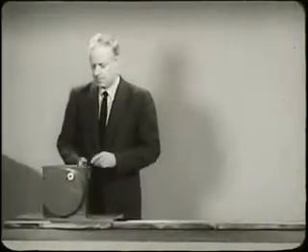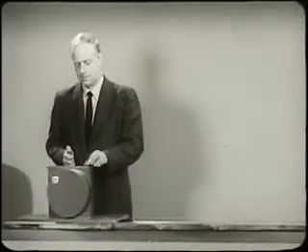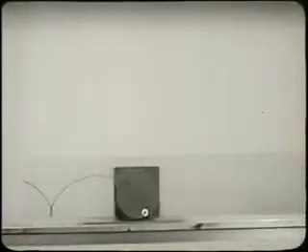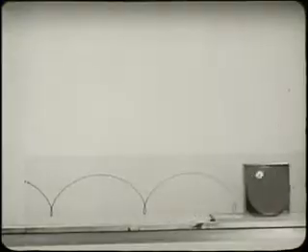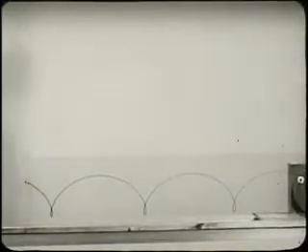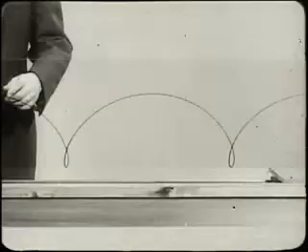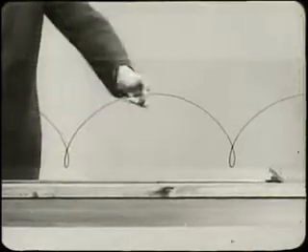Now I want you to watch the motion of this white spot. You probably see the spot moving in a circle. But this is what its path is actually like in the earth frame of reference.